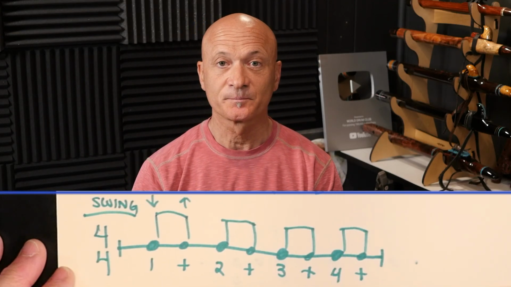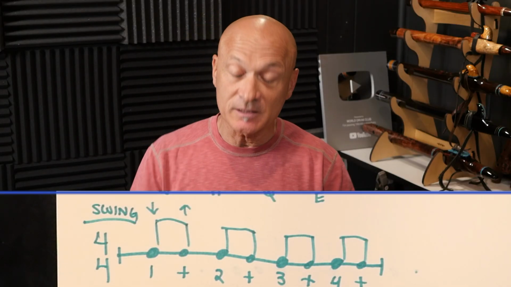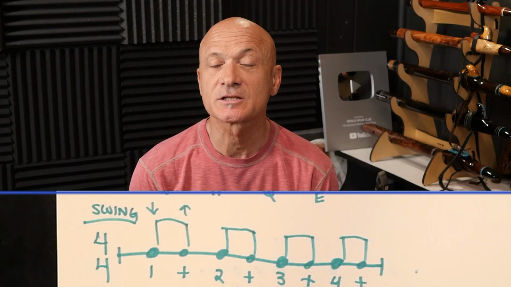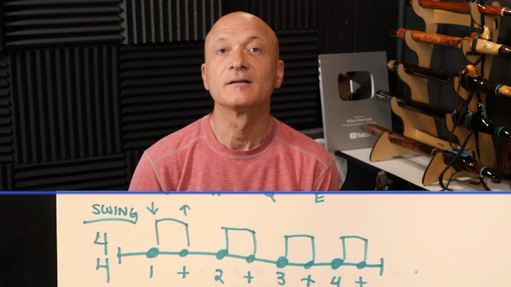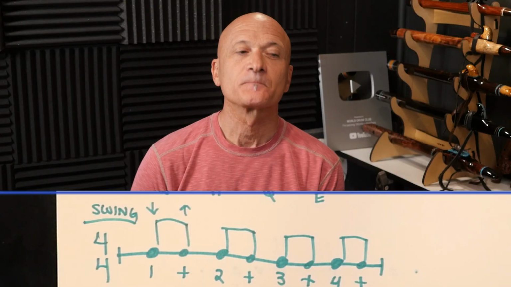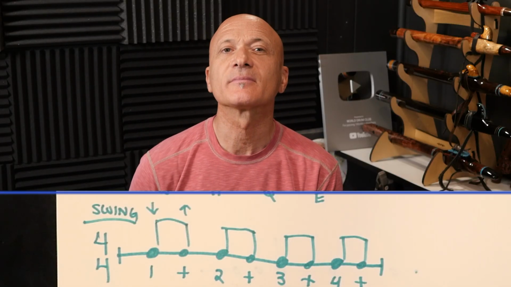You're just going to play it with a swing feel, even though it could be notated so that it looks like straight, but when somebody says swing, you're going to play it that way, which technically is more like 12/8, right? But we don't need to write that out, we know what it means, right?